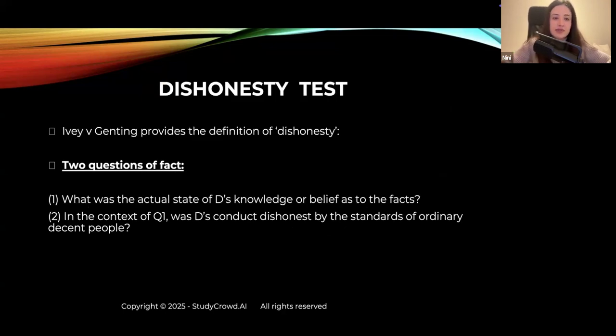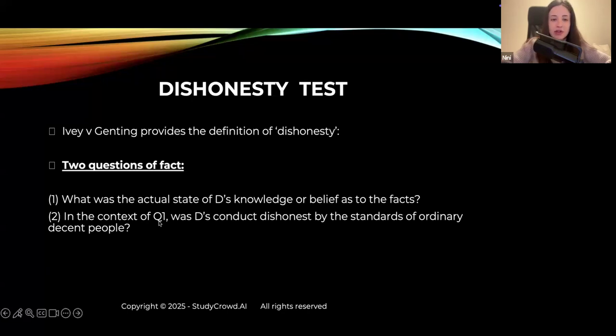Dishonesty test. There was a different dishonesty test, but it was changed a few years ago. So you should cite the relevant case, which is Ivey. And two questions must be asked. First of all, what was the actual state of the defendant's knowledge or belief? Fraud is about dishonesty, about lying. And so you have to show that the defendant's knowledge was that he was lying, that he was making a statement that was supposed to make a gain or cause a loss dishonestly.